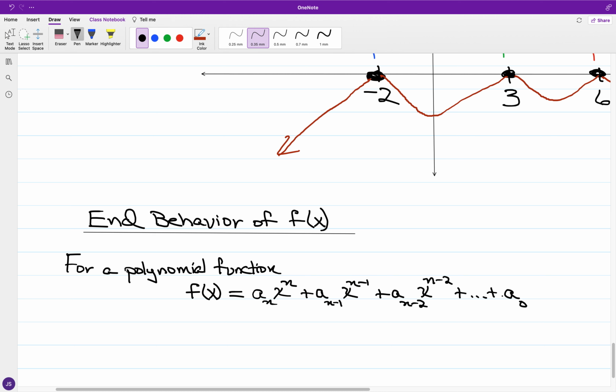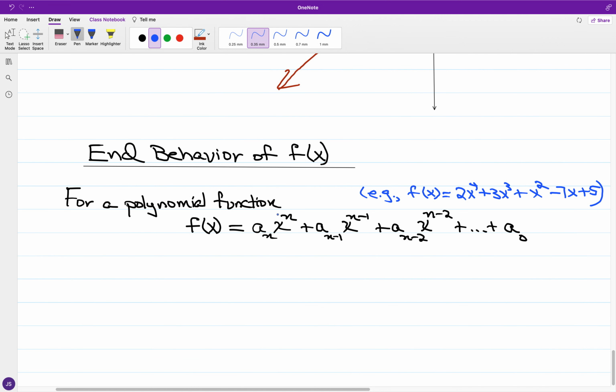Again, this is just theoretical notation for some of the polynomials we dealt with specifically. This could represent something like f of x is 2x to the 4th plus 3x cubed plus x squared minus 7x plus 5. It could represent something like this.